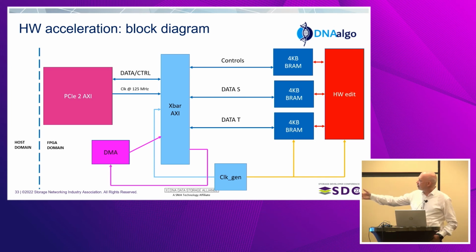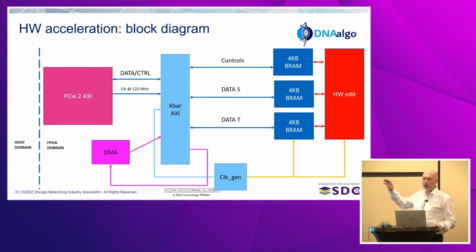If you start from the left-hand side, we have the host domain, which could be a workstation or laptop, whatever. And then we decided to go for a PCIe interface because of the speed. Internally, we have a crossbar, the AXI crossbar. And then we have block RAMs where we put the strings to compare. DNAsim T stands for source and target. And the orange block is the block that does the calculation that Alessia just described.